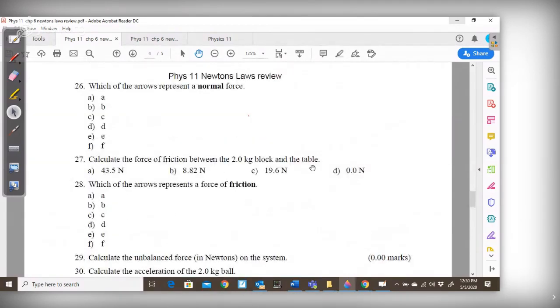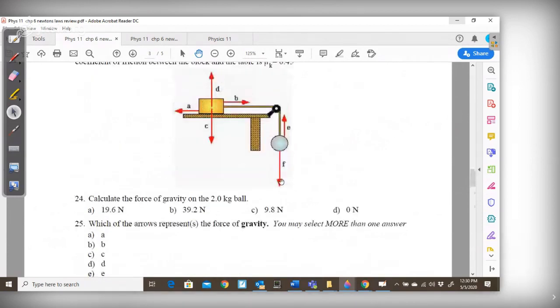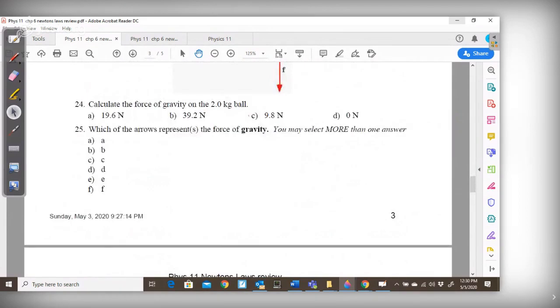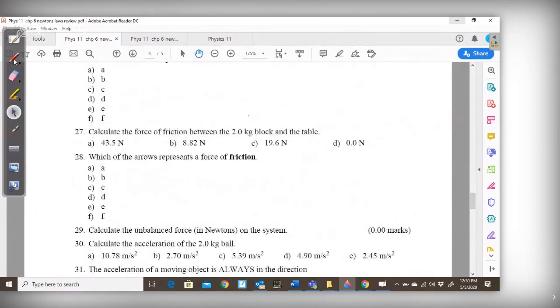Calculate the force of friction on the 2 kilogram block. The coefficient of friction is 0.45. All right, so the force of friction is equal to mu Fn. Horizontal block, the normal force will be equal to the force of gravity. So we can say this is mu Fg, which is mu mg.